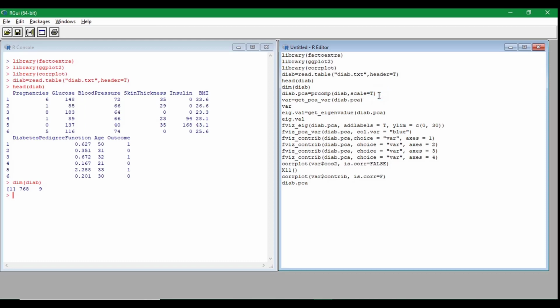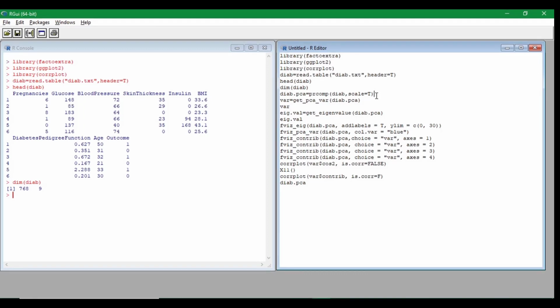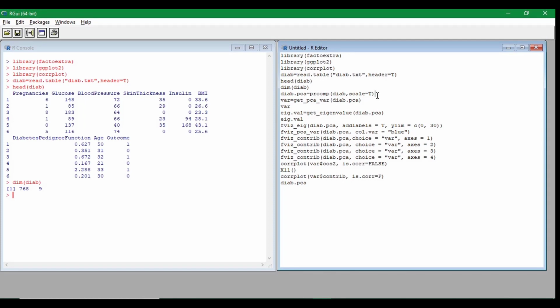Now when we say scale is equal to true, what we're saying is that we need to use the correlation matrix to calculate the principal components. If we had said scale is equal to false, then what R would do is use the covariance matrix rather to calculate the principal component values.